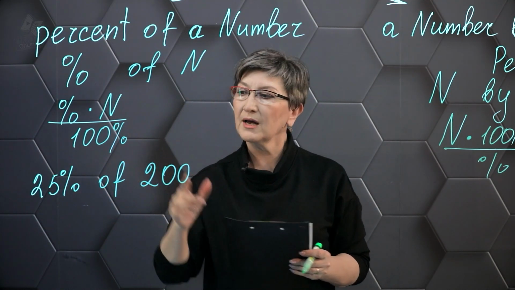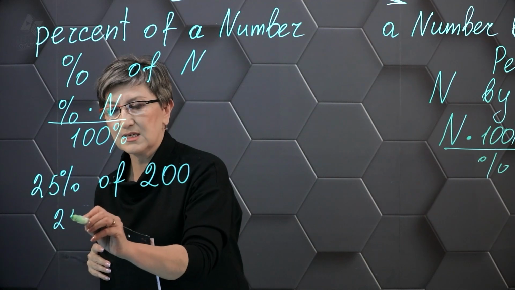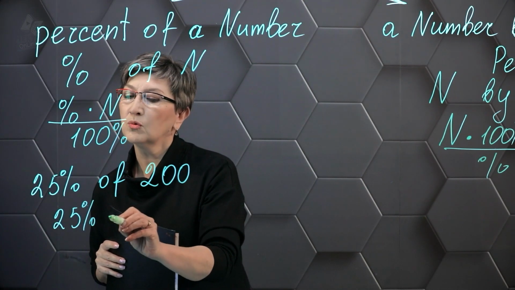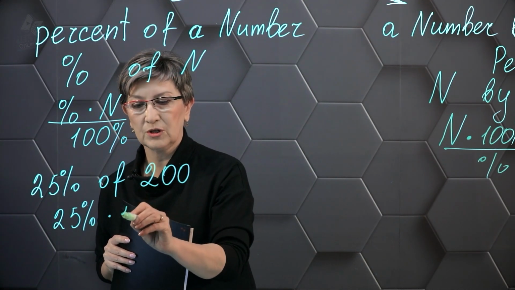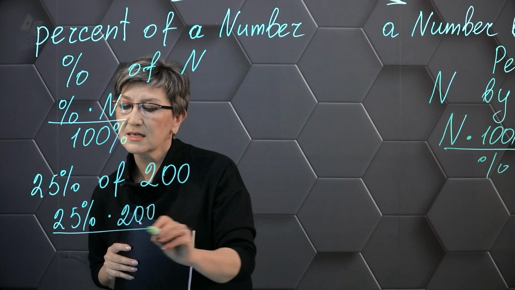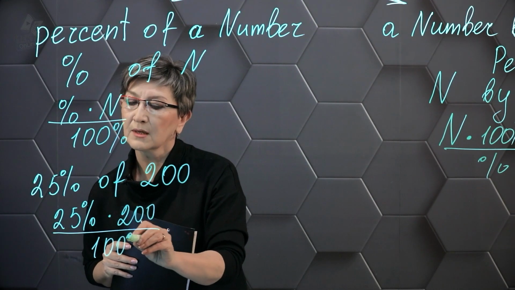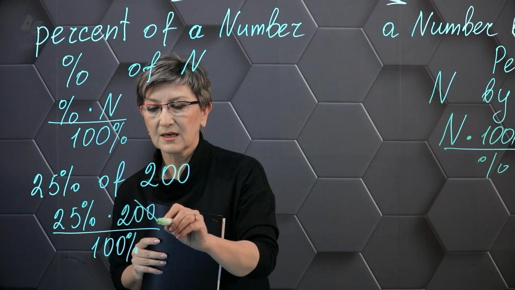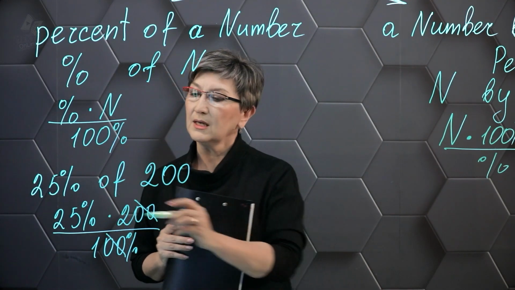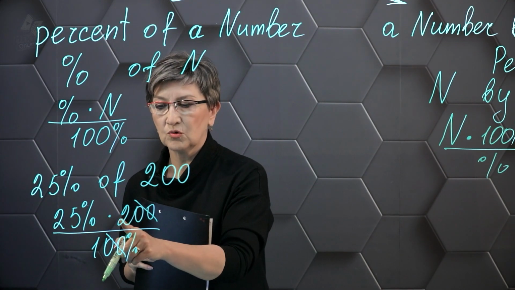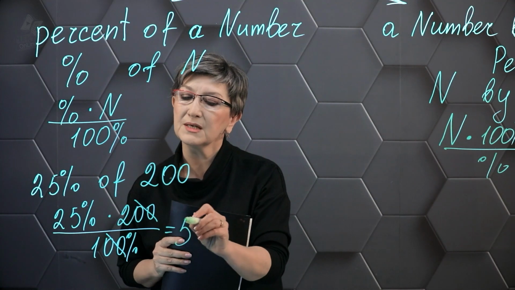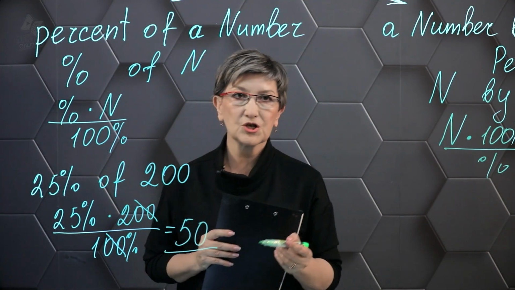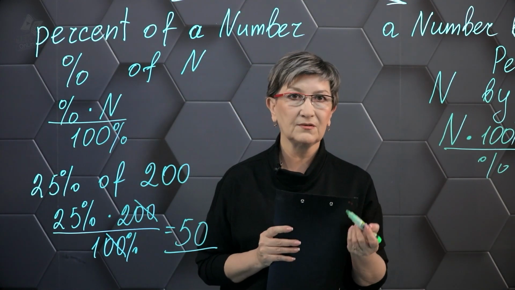Using our rule, we need to multiply 25% by our number 200 and divide by 100. What is the result in this case? Let's reduce zeros, and you get 25 times 2, that's 50. And this number will be our answer.